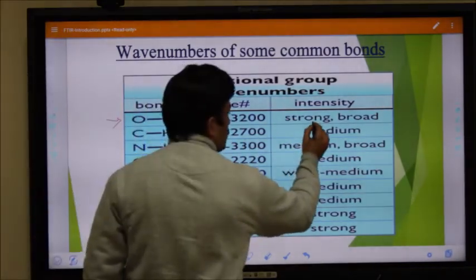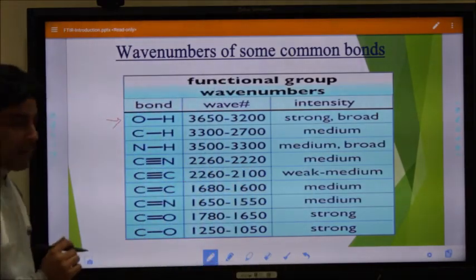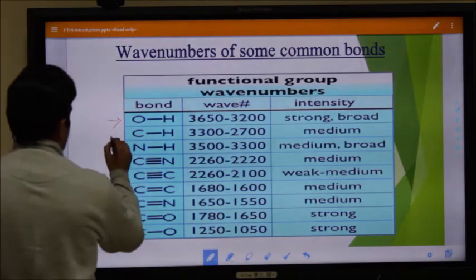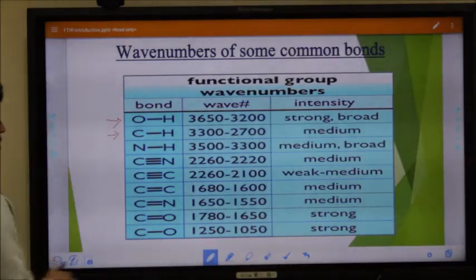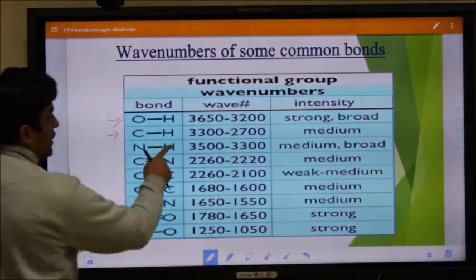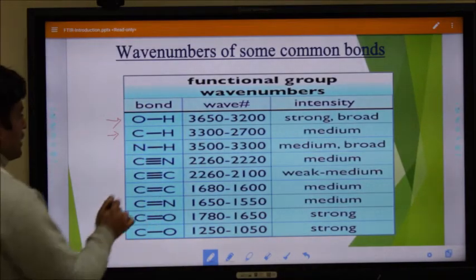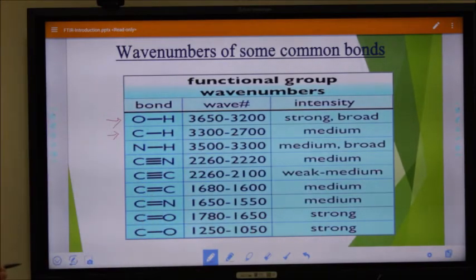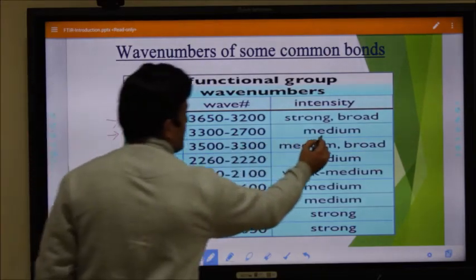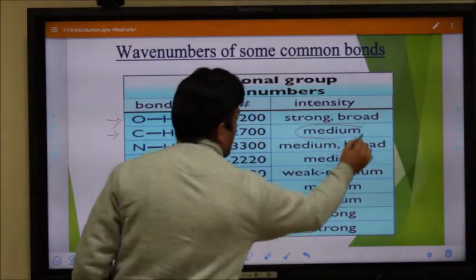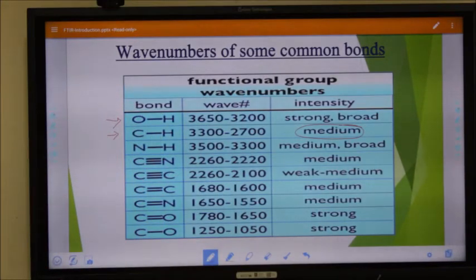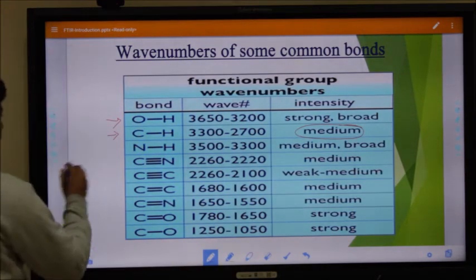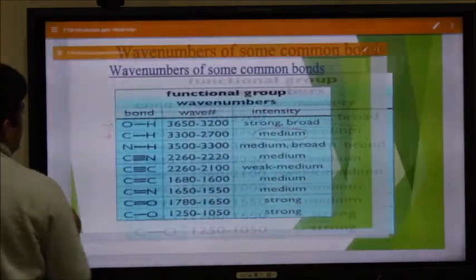And this was a strong peak and a very broad peak, as you have seen in the FTIR graph. Now, look at the second one. This is the CH bond. It gives its vibration in the region 3300 centimeter inverse to 2700 centimeter inverse. And see, its intensity is medium. Now you can go back to the earlier data which was furnished in the previous slide.